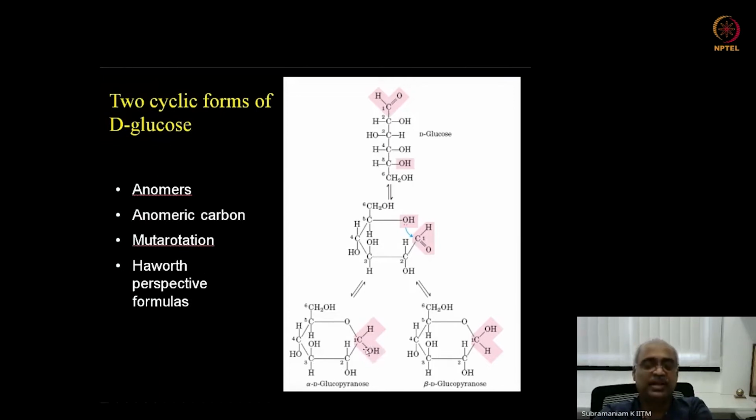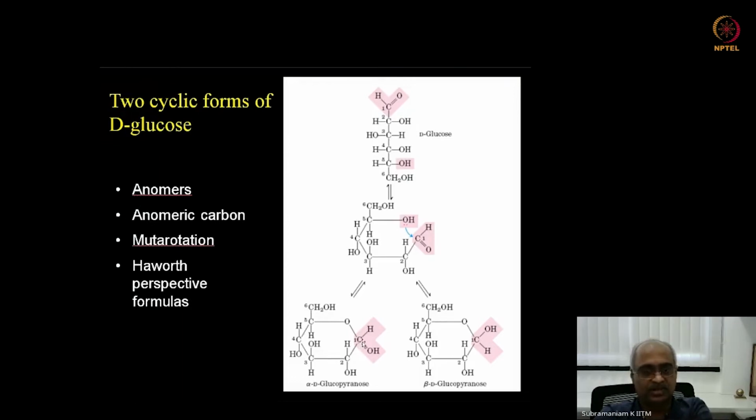So an important point to consider here is that when this ring structure forms, you are generating another chiral center. See this double bond, this carbon is not a chiral carbon, but once this ring forms, it is a chiral carbon. And this carbon is called the anomeric carbon.